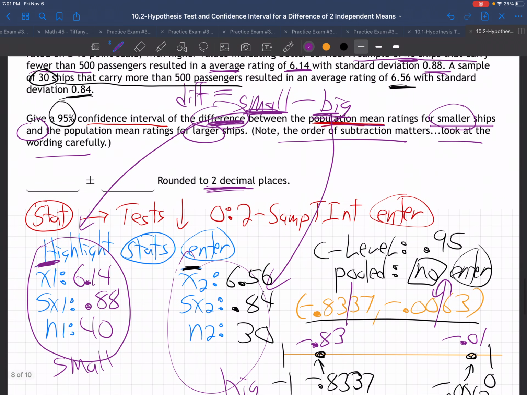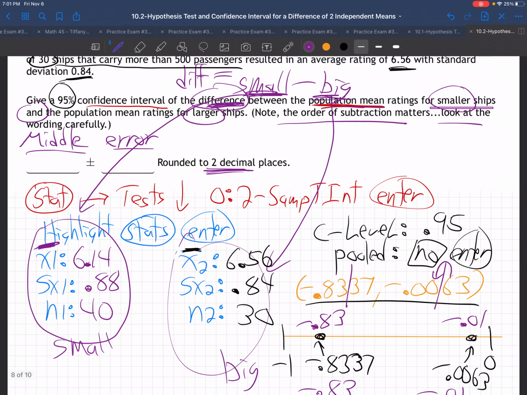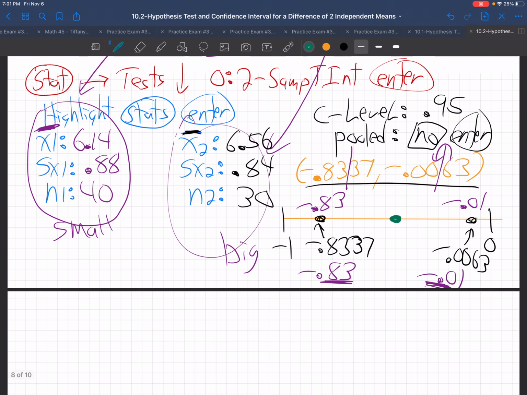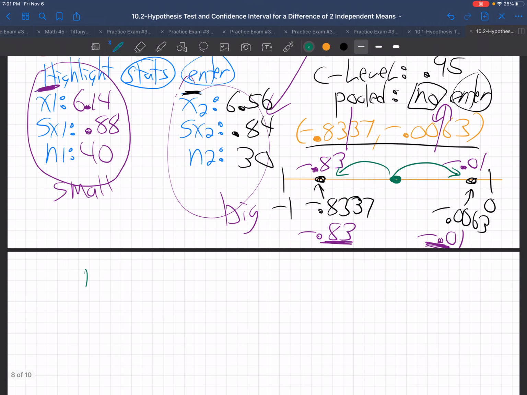So now they want us to give the answer as the middle. Whenever they write this, what they're saying is they want you to give the middle plus or minus the error. The middle plus or minus error. So what's the middle? How do you find the middle of 2 numbers?